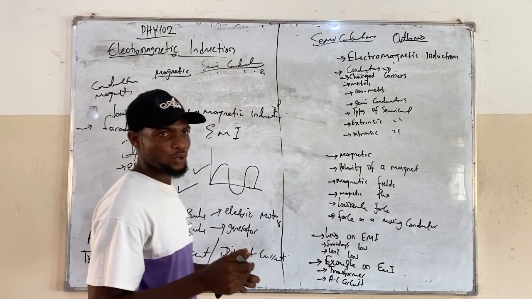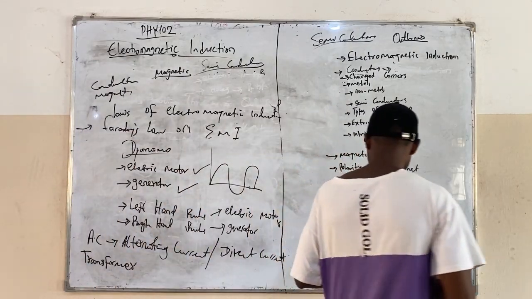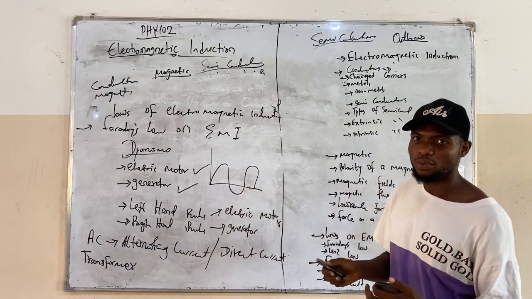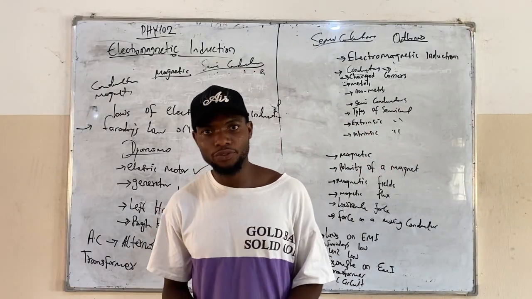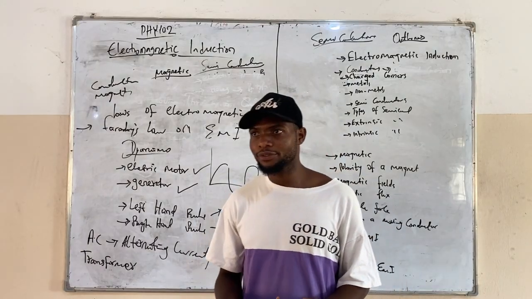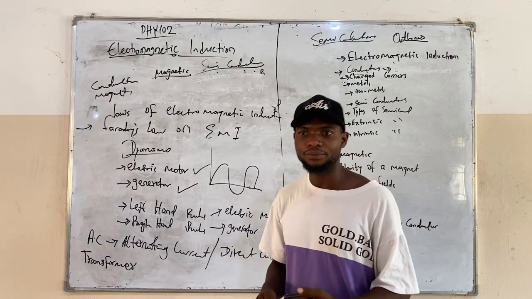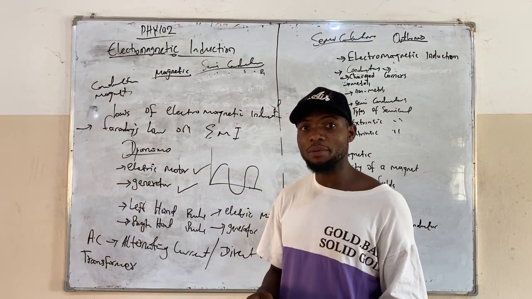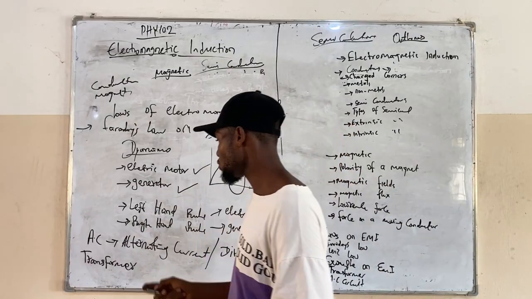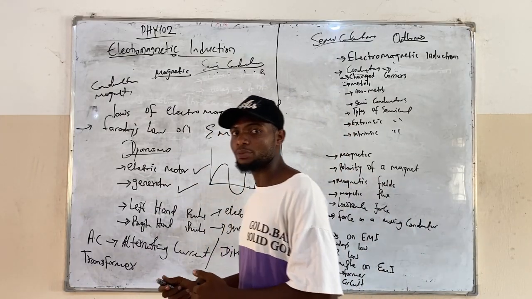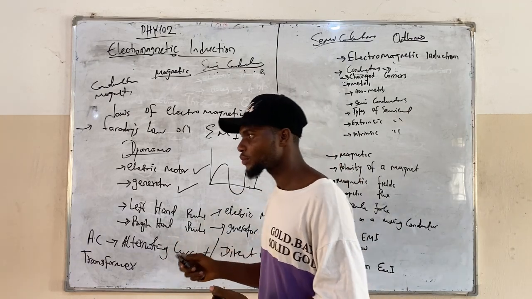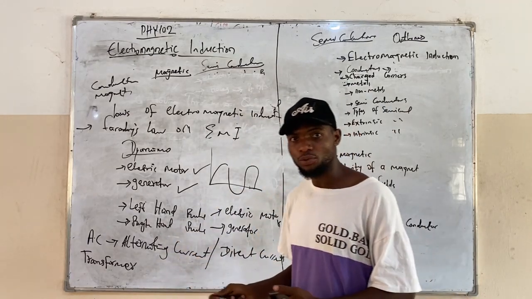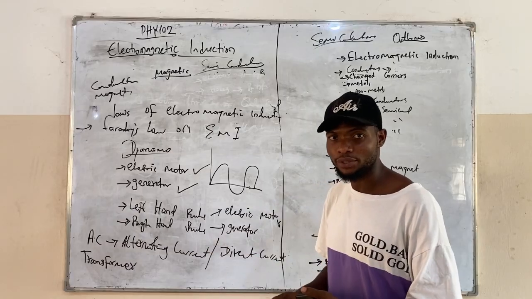Then a transformer is an electrical device that is used to change the EMF of a circuit. That's why we have step-up and step-down transformers. Step-up increases the EMF of the circuit, while step-down reduces the EMF of the circuit.